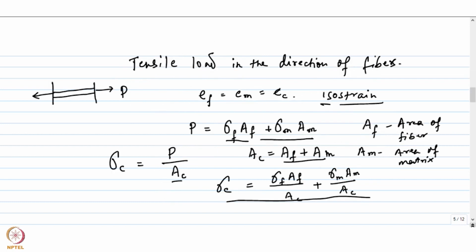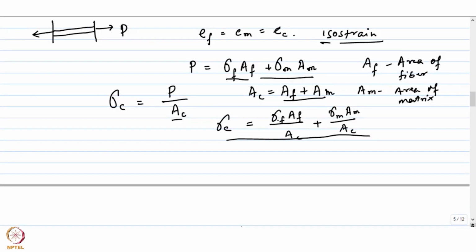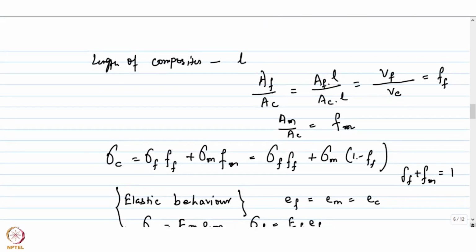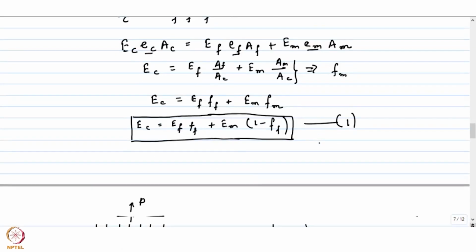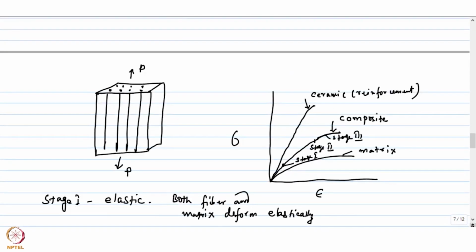And then we talked about the deformation behavior of a fiber reinforced composite, and we have seen that it goes through three stages. Stage 1, which is the elastic stage, where both the fibers and the matrix deform elastically.